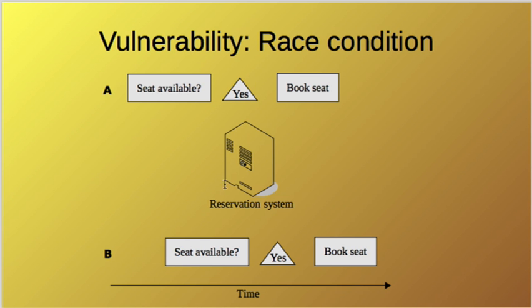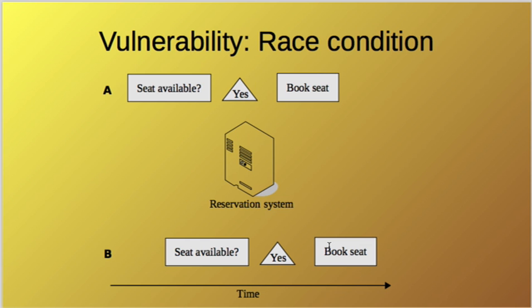So far as the reservation system knows, two people have asked for it, but that doesn't mean either one has booked the seat or reserved the seat. And so it just says yes. And so now person A and person B both think that the seat is available, and they are both able to book the seat. So that would be bad. If we had a system that allowed this, this would be bad.